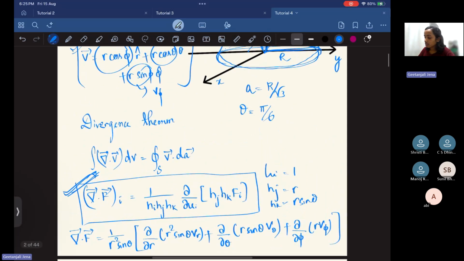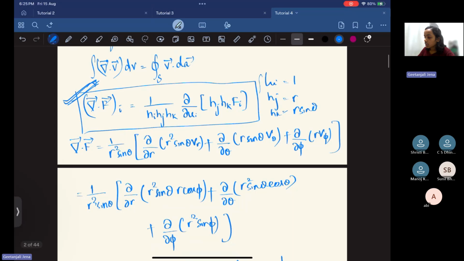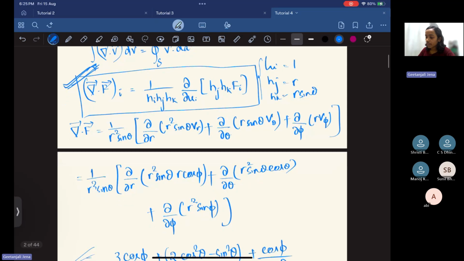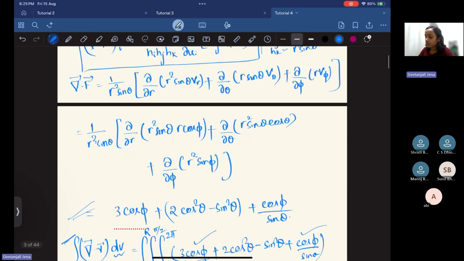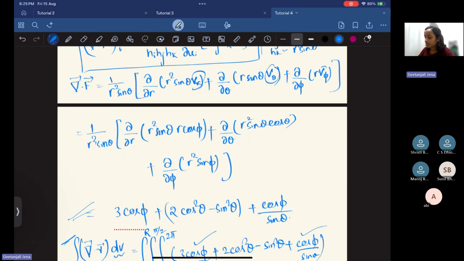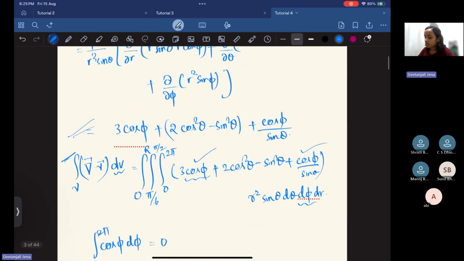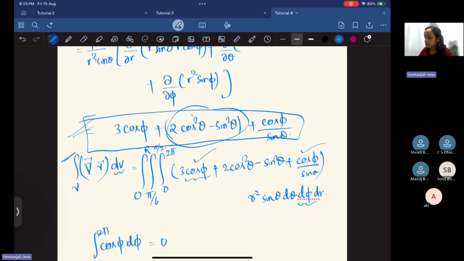For this spherical coordinate system, the scale factors are 1, r, and r sine theta. So the divergence of F, if you put in the values of V_r, V_theta, and V_phi, will come out as 3 cos phi plus 2 cos square theta sine square theta and cos phi sine theta.